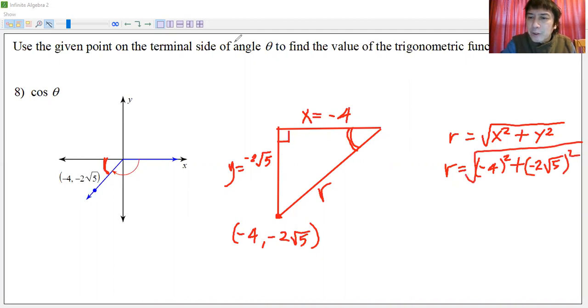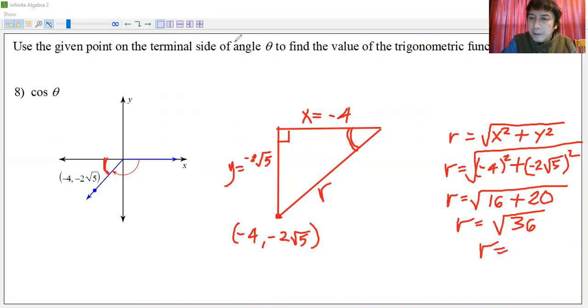We have r equal to the square root of 16 plus, squaring the 2 is 4 and squaring the square root of 5 is 5, so 5 times 4, which is 20. And r is square root of 36, and r is 6. R is always computed as positive. So this will be a value 6.